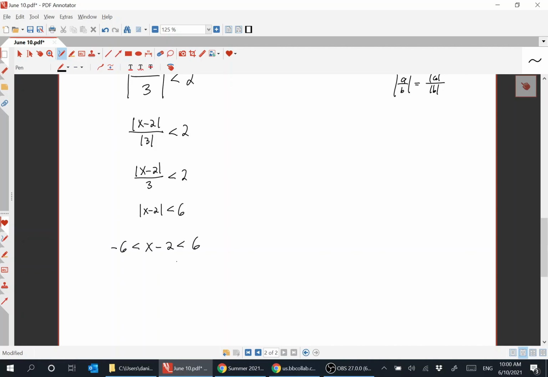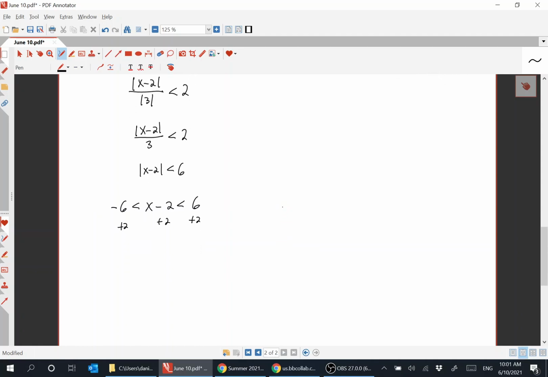Minus 6 less than x minus 2 less than 6. And add 2 to each of the 3 parts of this string of inequalities, and you get minus 4 is less than x is less than 8. So the open-ended interval from minus 4 to 8.